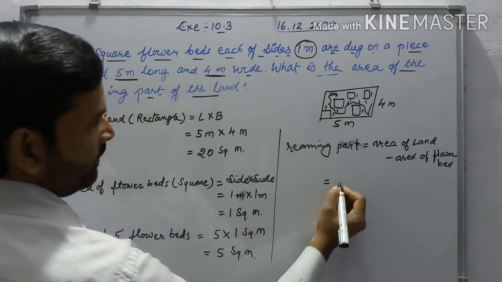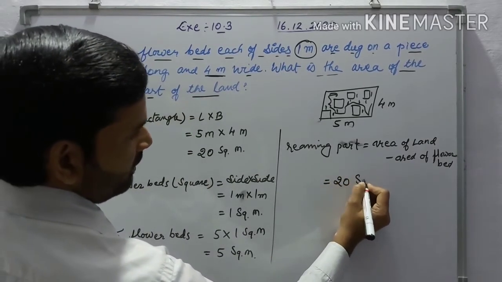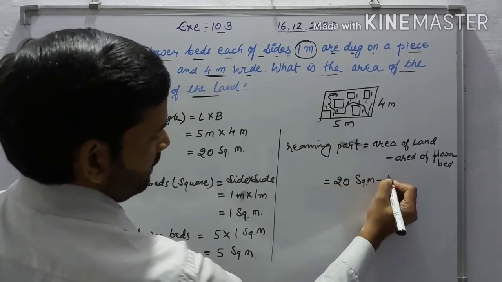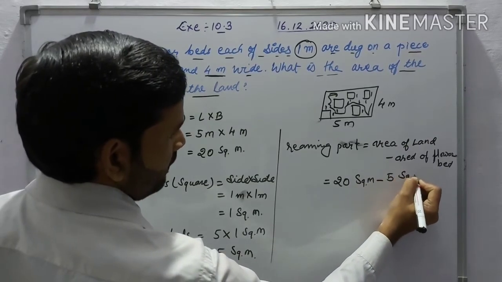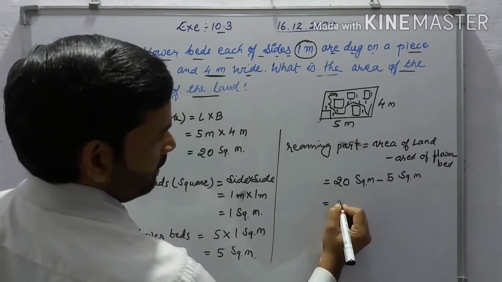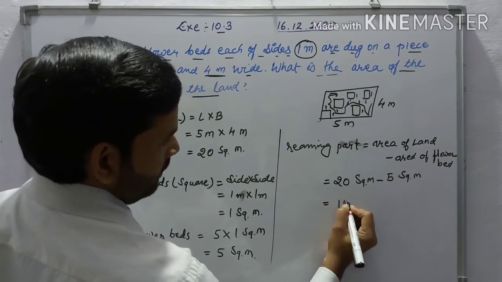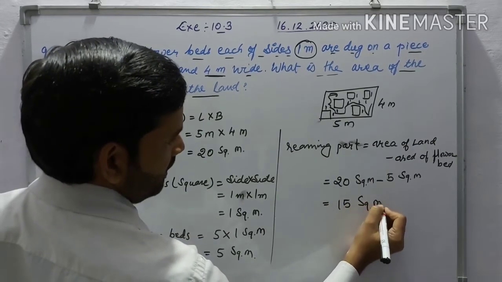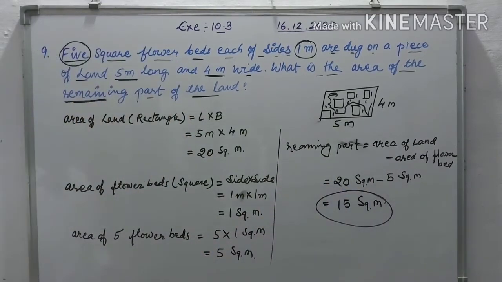So that is 20 square meters minus 5 square meters. That is 15 square meters, the remaining plot.